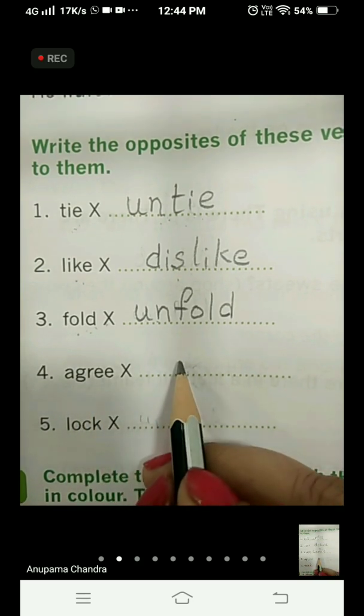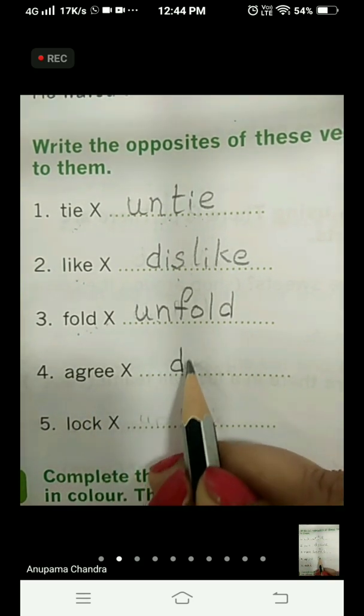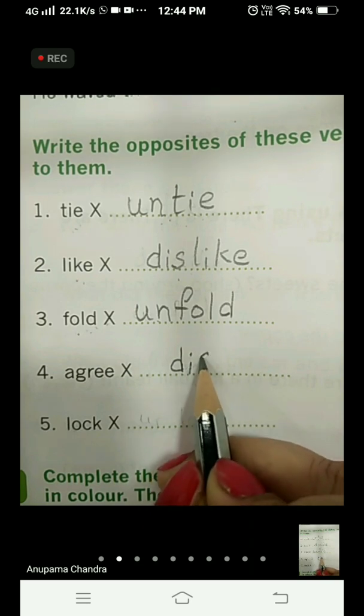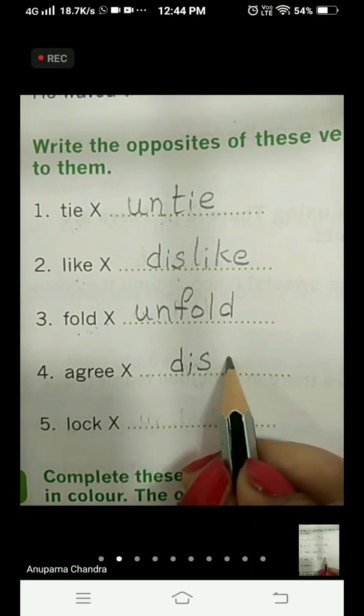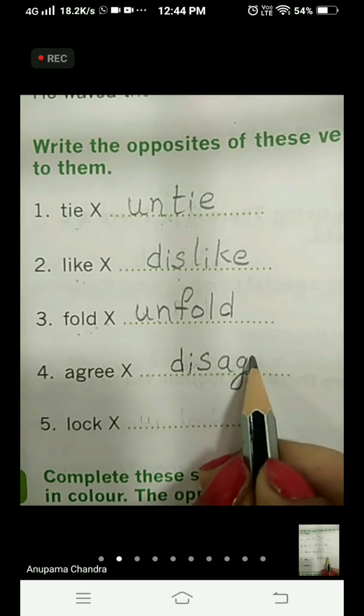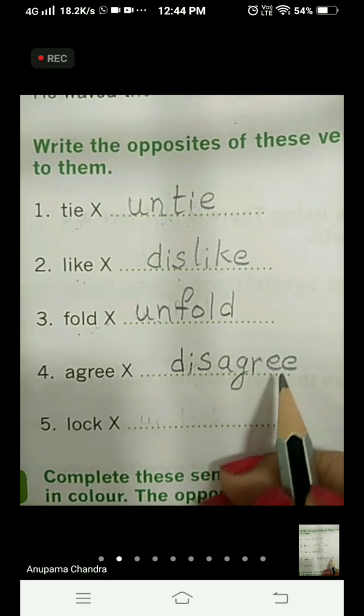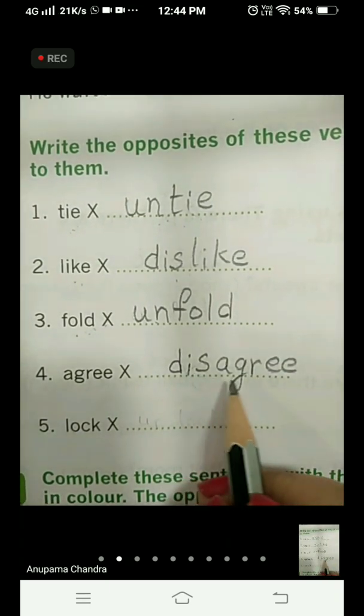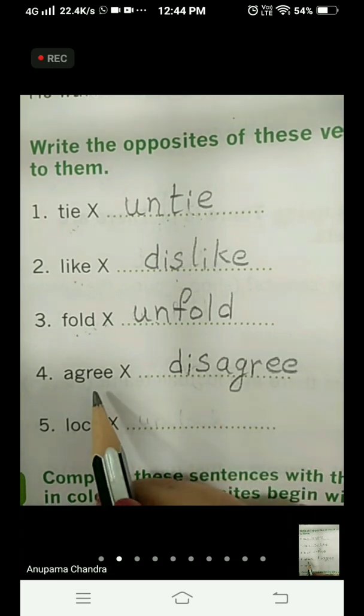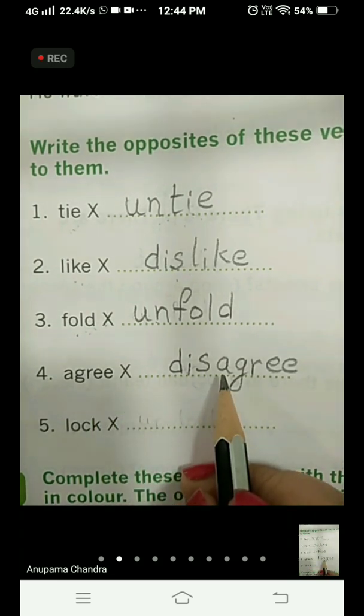Here we will use dis. Dis, agree. Agree, disagree.